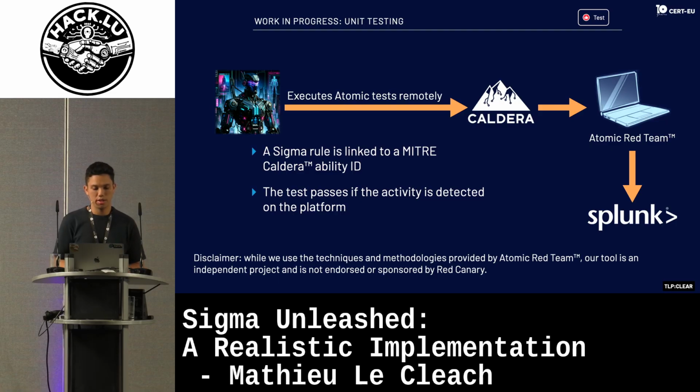And the idea is to execute that and check in the data sets if it has detected the behavior. We are doing this manually, but we hope to make this a feature available by the end of the year or next year.